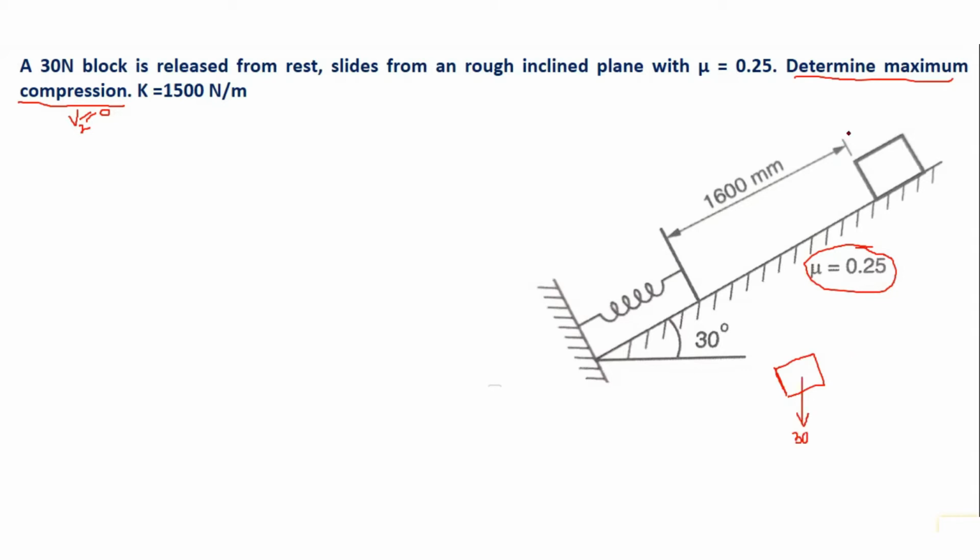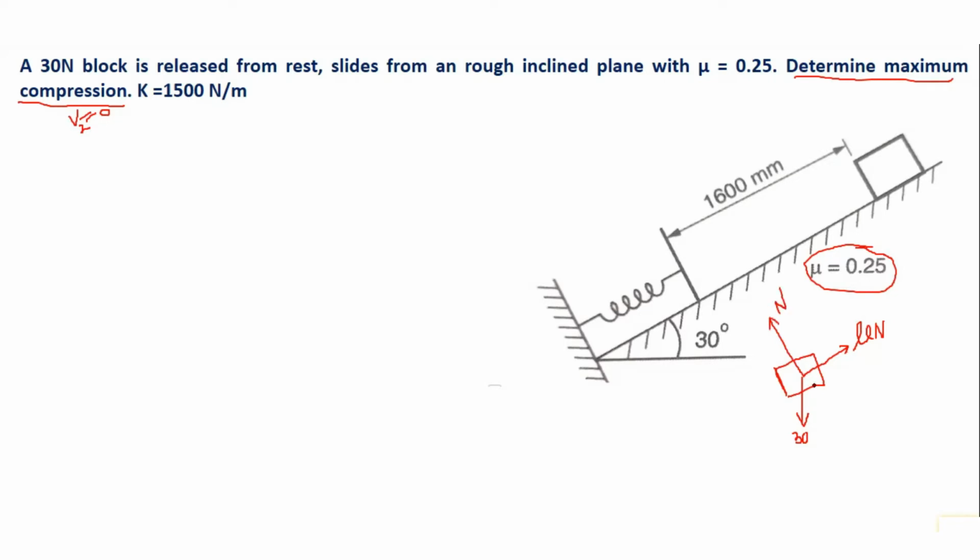Then as this block is moving downwards, the friction force will act towards the left side, and the value of the friction force will be mu multiplied by N. Then this surface will exert some normal reaction from the surface to the body. Let us say this is N.